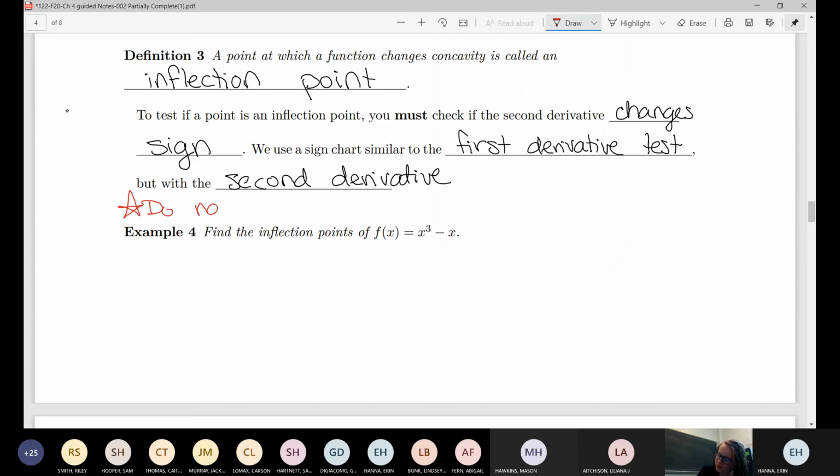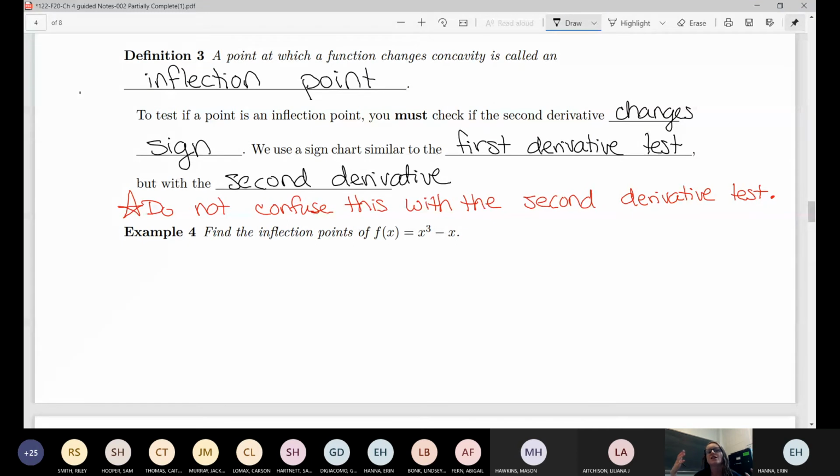Do not confuse this with the second derivative test. That's different. So to find inflection points, you can almost think about it as the first derivative test, except everything is in terms of the second derivative.